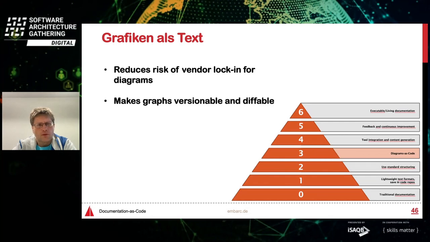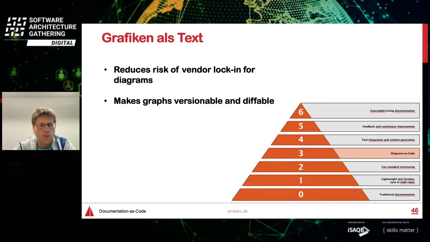And the problem with images is that they are most of the time binary formats, and if we have to change them, then we need some vector graphic application which we have to open, make our changes, export PNG or JPEG again, and embed it again, and that's too much work, and most of the time we won't do it.